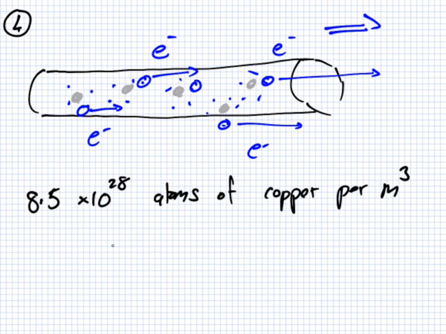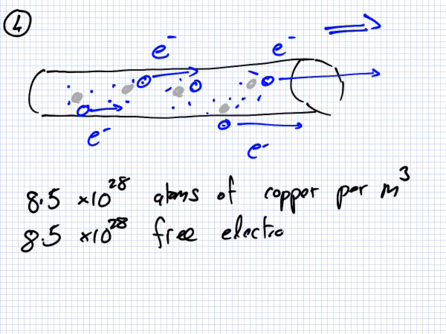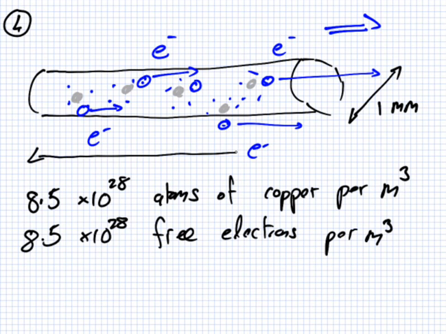And on the copper atoms, there are, of course, electrons. I'm not drawing this at all accurate. And what's going to happen is, if there is a current, it's because the electrons which are free are moving. These are electrons in blue.